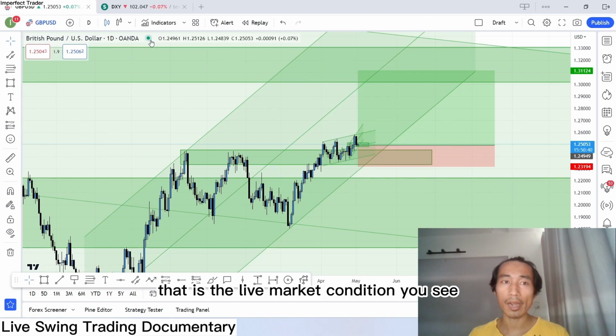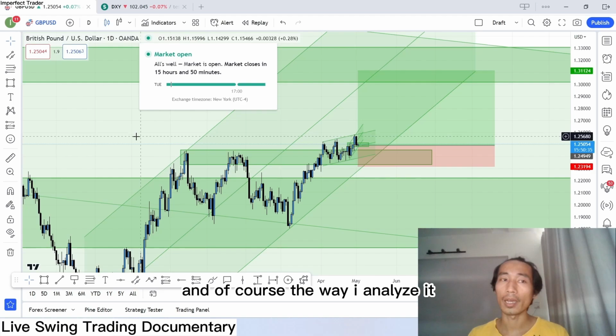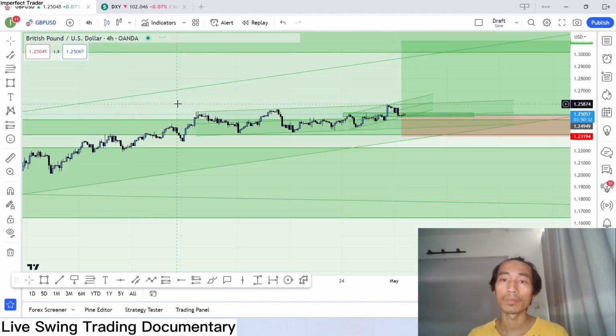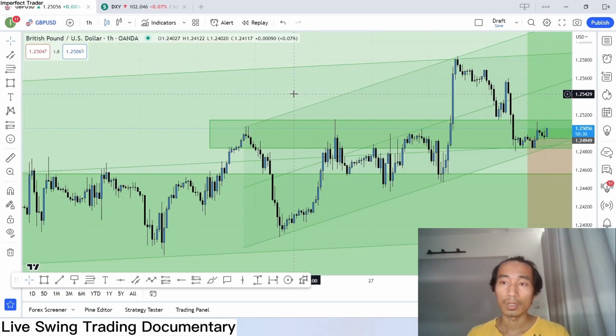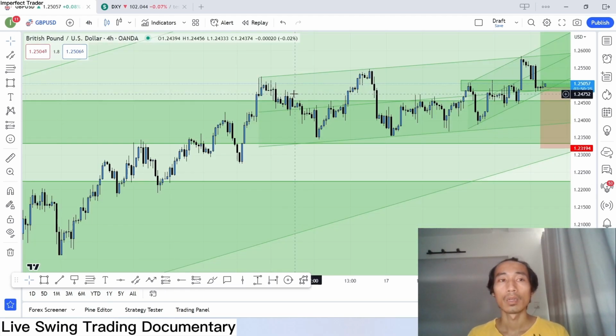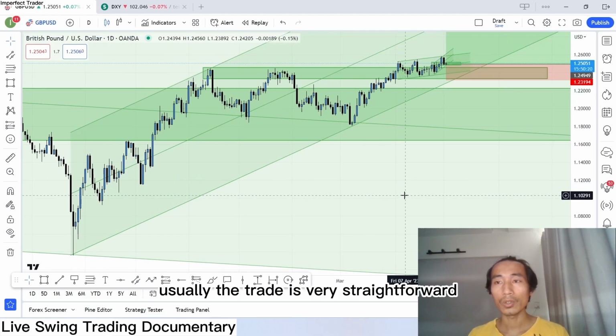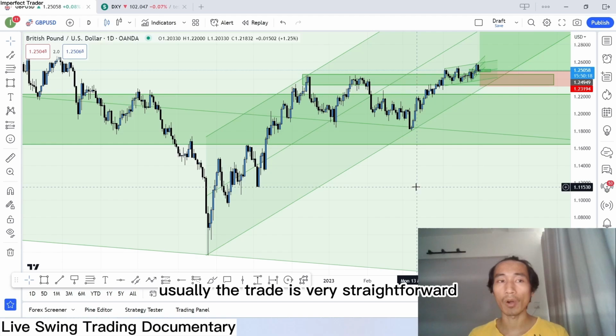That is the live market condition you see. And of course, the way I analyze it, you can do the same for lower time framing. But the problem is when you do it on higher time framing, usually the trade is very straightforward.